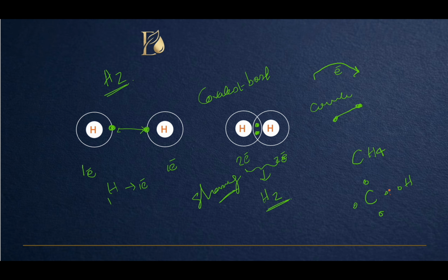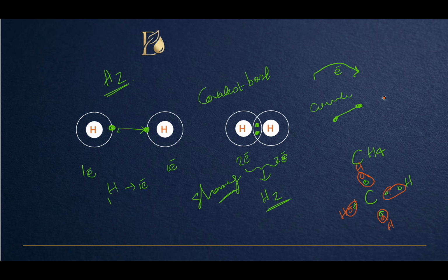The carbon atom shares its electrons with the hydrogen atoms' electrons. Like that, there will be 4 hydrogen atoms, and each of them has 1 electron. So 2 electrons are shared between the carbon atom and each hydrogen atom.